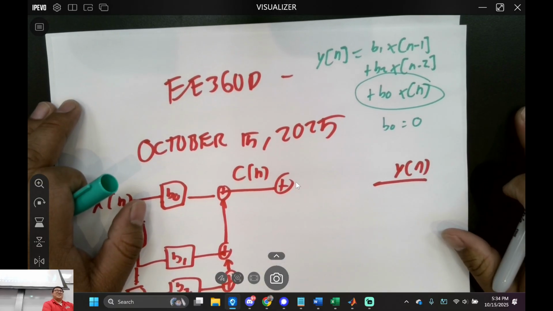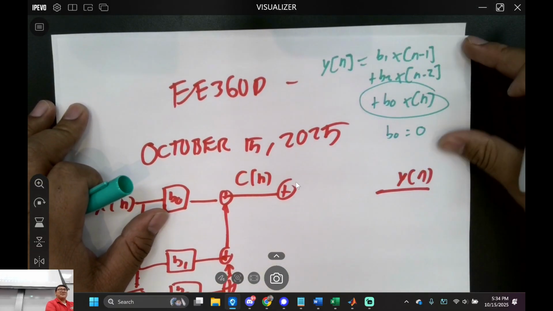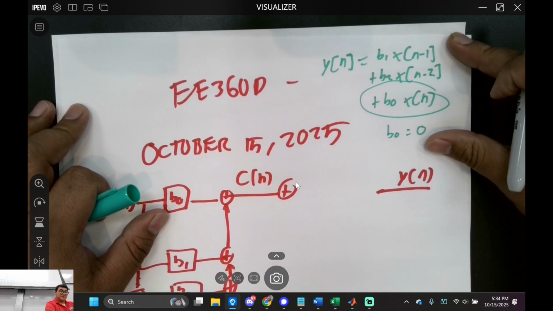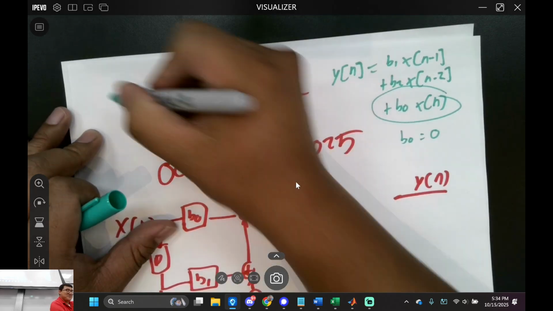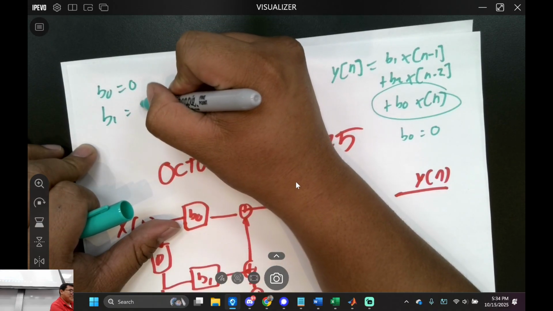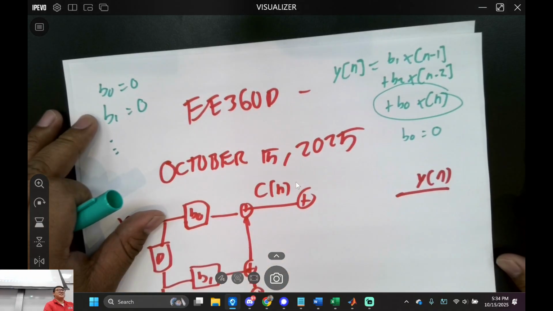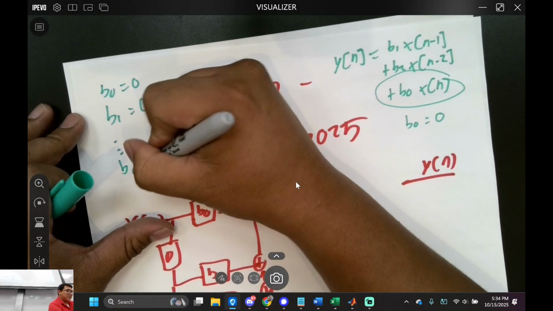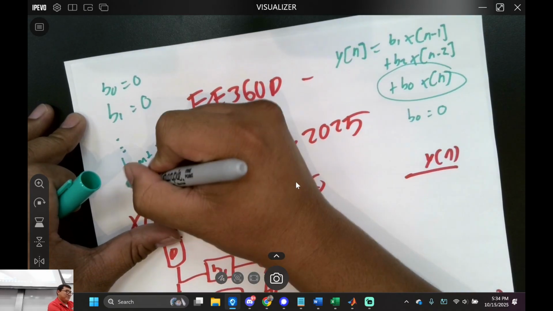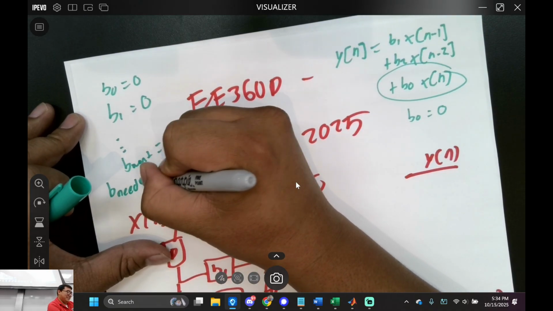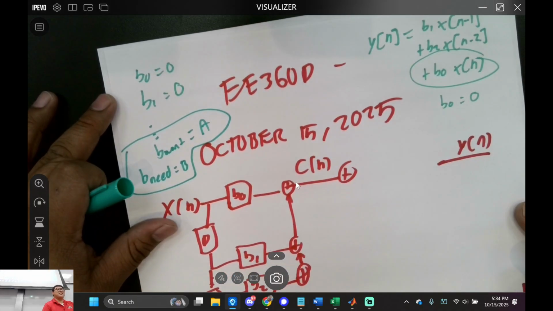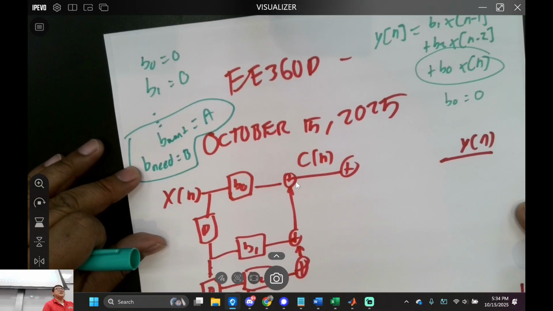The answers are all in the textbook, and you can technically copy this for every answer in this whole course, and do b0 is equal to 0, b1 is equal to, I don't know, 0, dot, dot, dot, whatever you want, and just siphon out whatever you want. So you can start punching in what you truly want and what you need for your assignments.